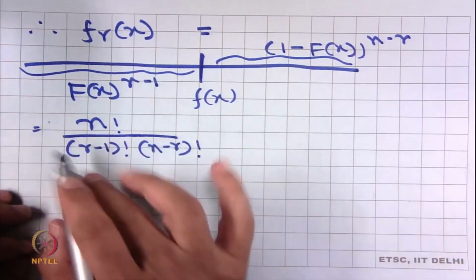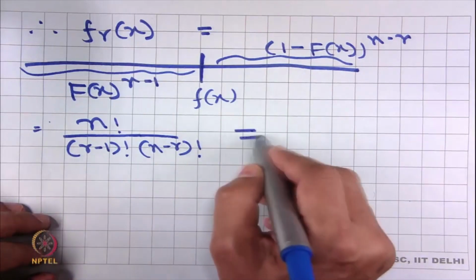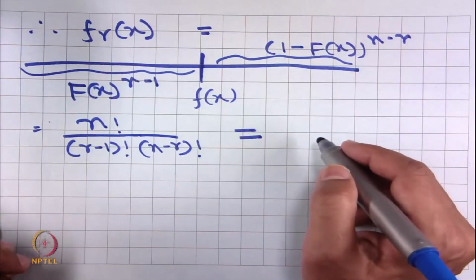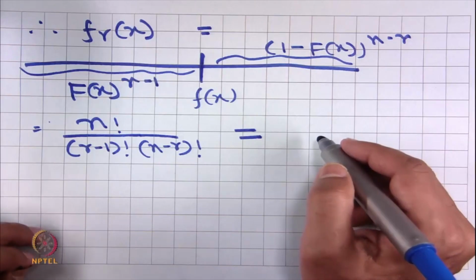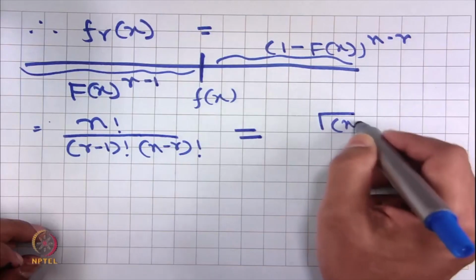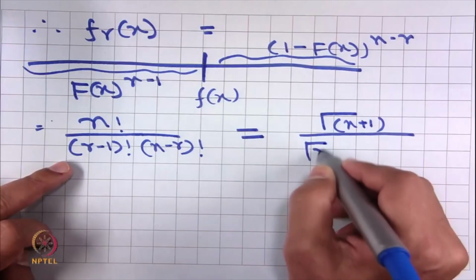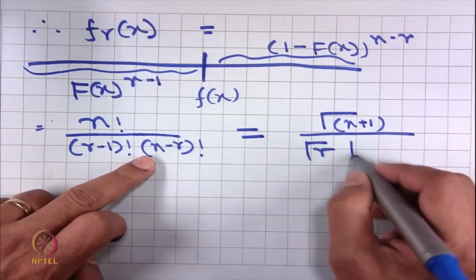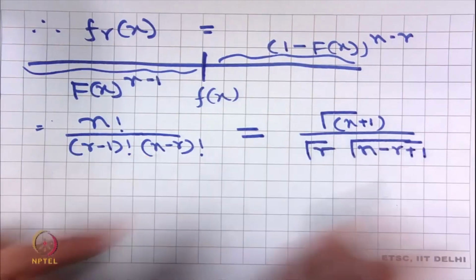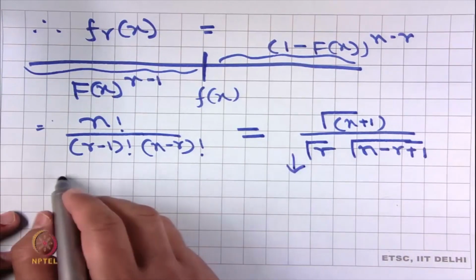This is not exactly the binomial coefficient, but we know that gamma(n plus 1) is equal to factorial n. Therefore, if we write it as gamma(n plus 1), this is gamma(r) and this is gamma(n minus r plus 1), then we see that this comes under the standard beta.